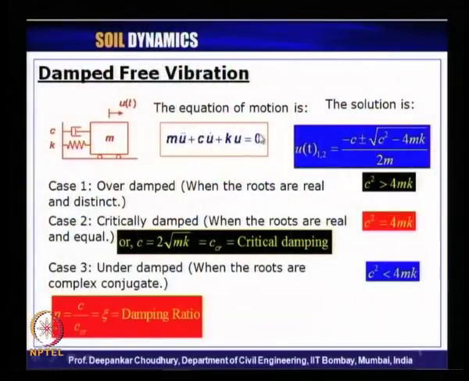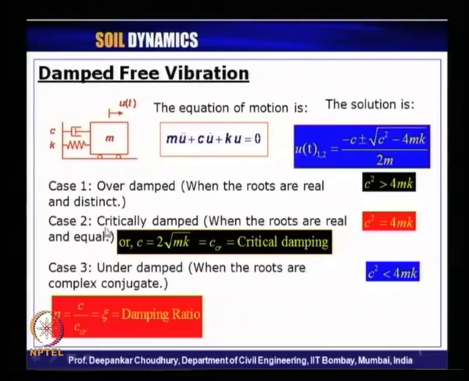Let us look at this slide, what I have told just now. Case 1 is called, now the nomenclature I am giving you. The first case, that is when roots are real and distinct, that is with the condition of c square greater than 4 m k, is called over damped. So, if this type of vibration occurs, we call it as over damped free vibration.